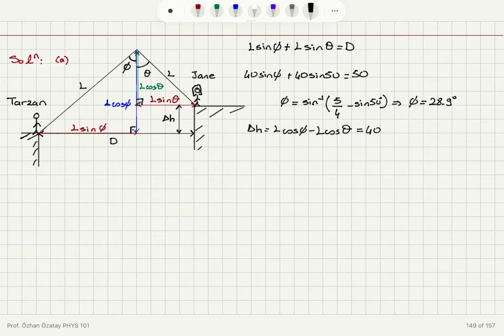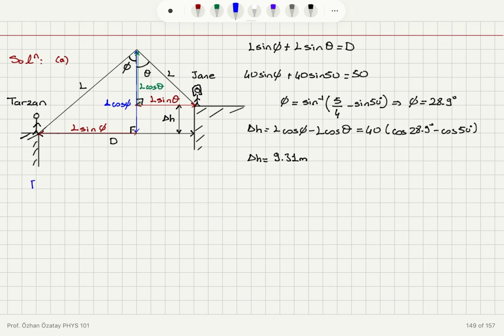This is 40 times cosine 28.9 degrees minus cosine 50 degrees. And we find that the perpendicular distance between Jane and Tarzan is 9.31 meters.